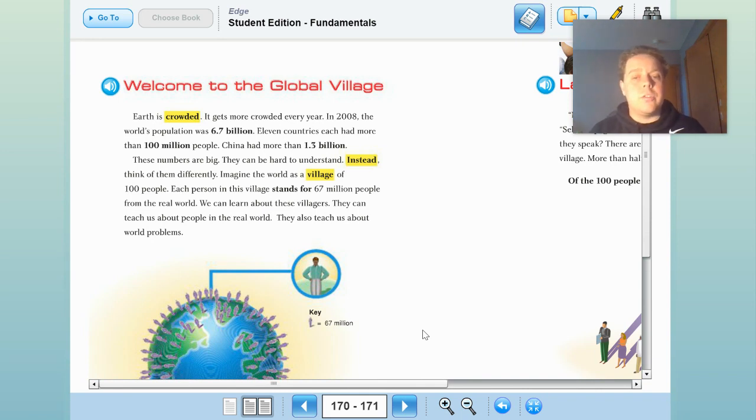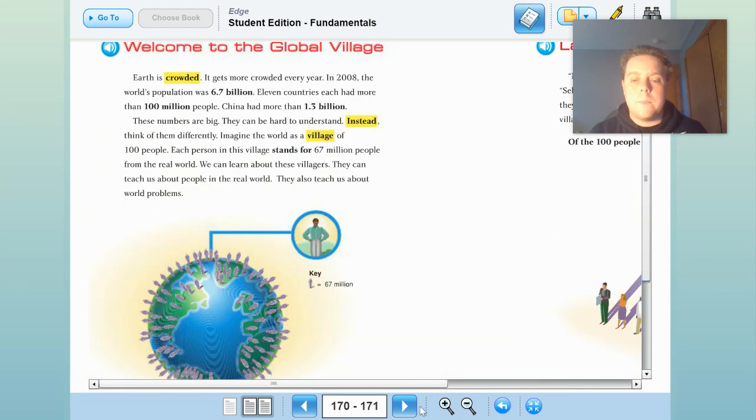They can be hard to understand. Instead, think of them differently. Imagine the world as a village of 100 people. Each person in this village stands for 67 million people from the real world. We can learn about these villagers. They can teach us about the people in the world. They teach us about world problems.